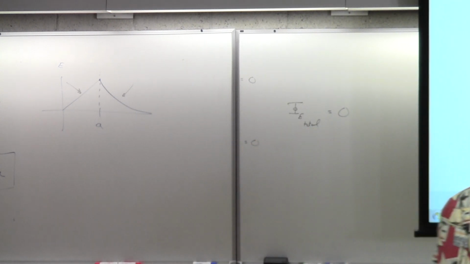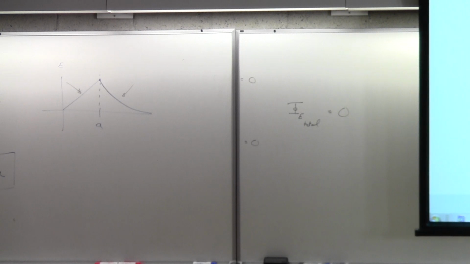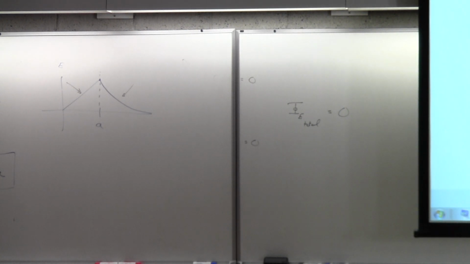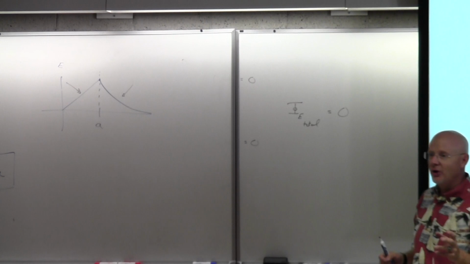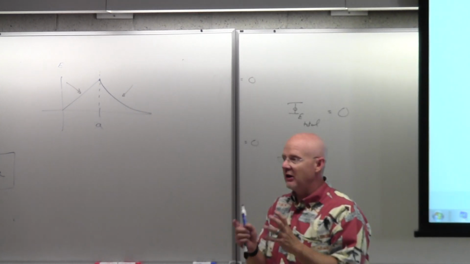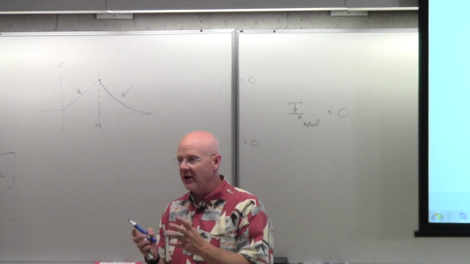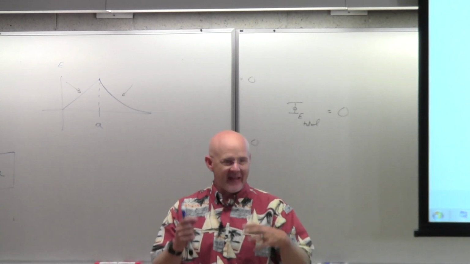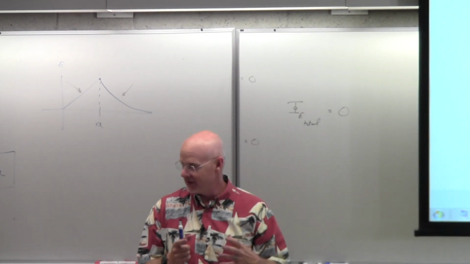And I claim that if you could imagine yourself standing somewhere in this ball and looking at the charges all around you, including the charges of this shell, if you made a little circle or a little loop, they would still look the same everywhere. And so the logic of the electric field would still tell me that it's radially outward and that it's a constant on the Gaussian surface.